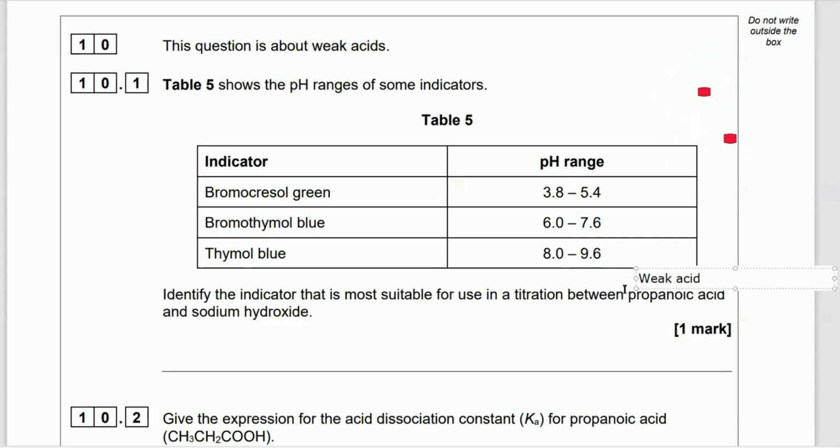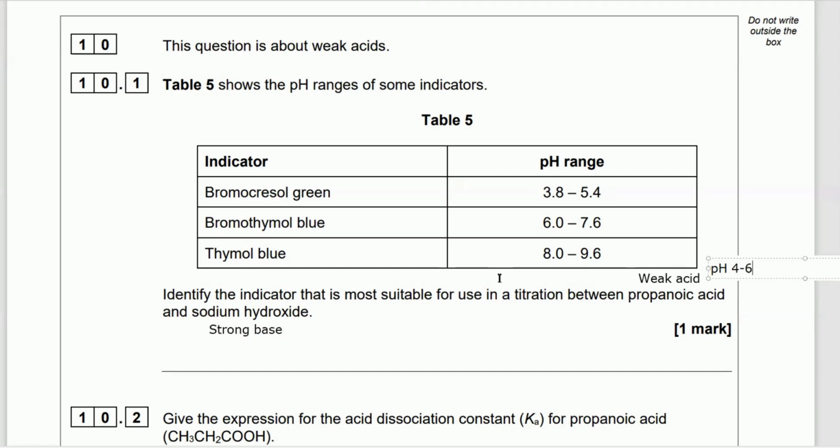Now hopefully you will remember that propanoic acid, an organic acid, a carboxylic acid, is a weak acid, which partially dissociates in solution. And sodium hydroxide is a strong base. So we want to find the endpoint, or the equivalence point, between a weak acid and a strong base.